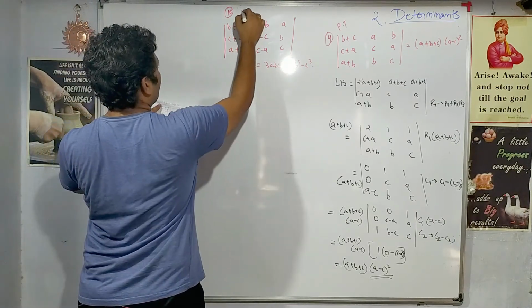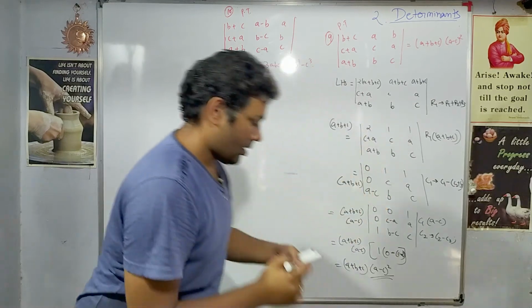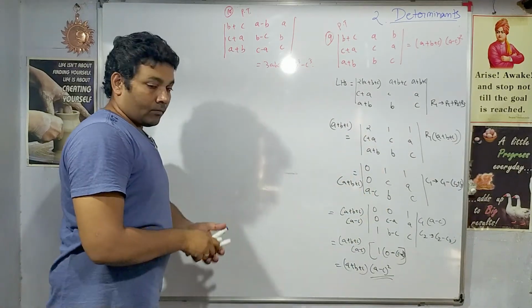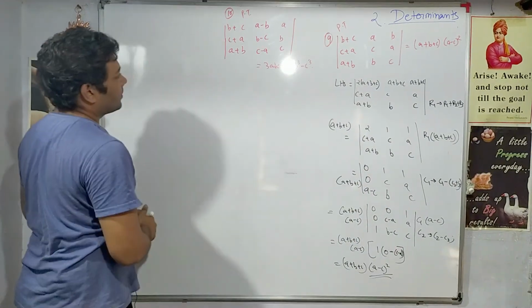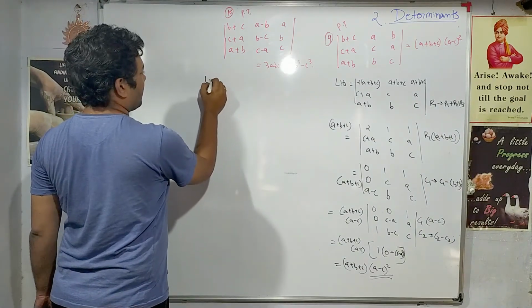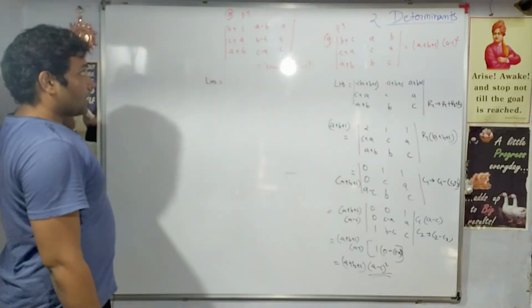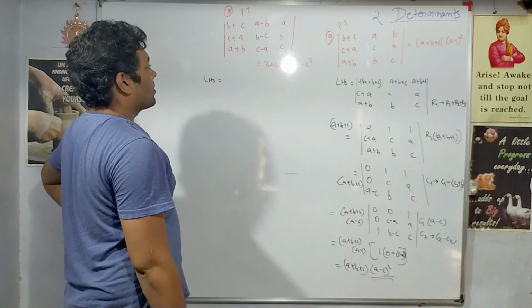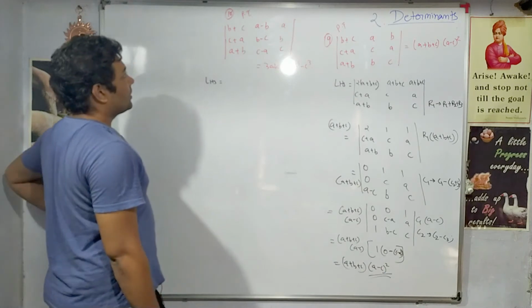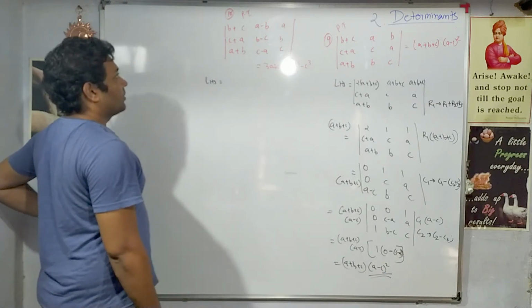Again, this is a prove-that type of question. So how to do this? Prove that. Again, our most fruitful method, take the left hand side, right? What to do? So a cube, b cube, c cube, what can you do now?